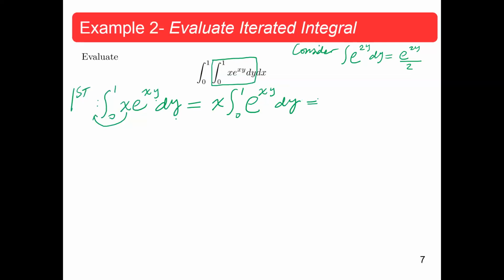So the same thing we can apply here. Let's first copy the x as it is. And for e to the xy, first of all, it is e to the xy. And then we should divide by the derivative of xy from the chain rule with respect to y, which is going to be x. And here y goes from 0 to 1.